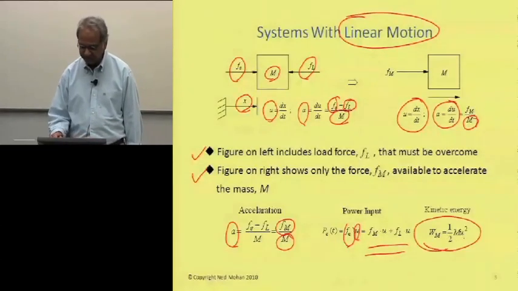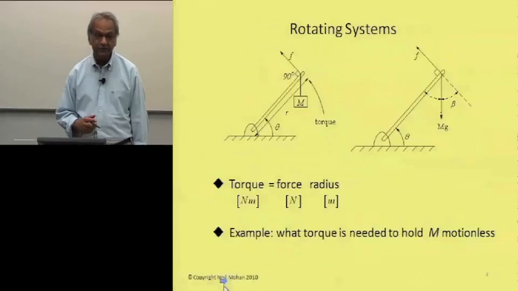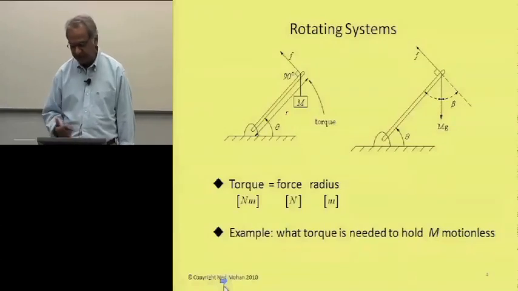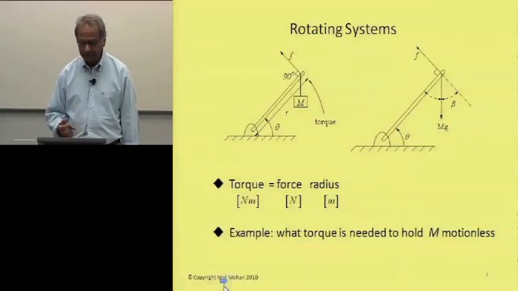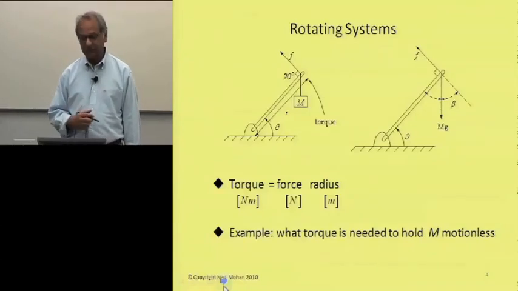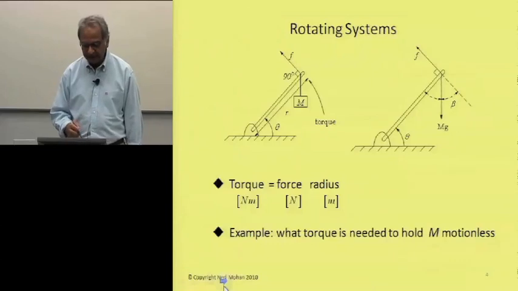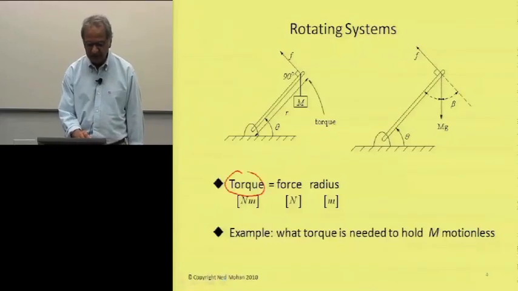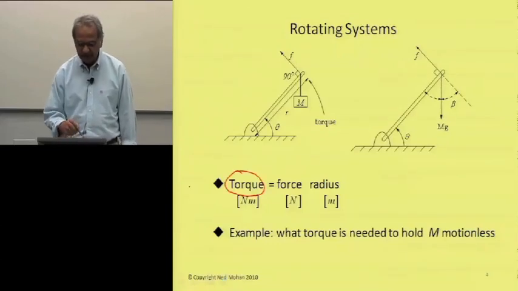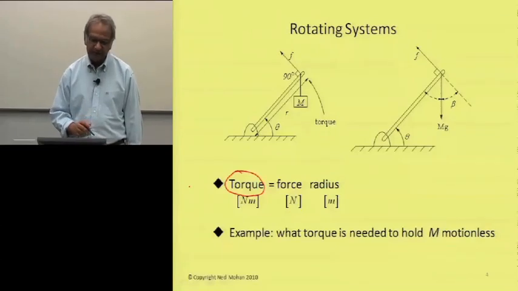Now we will move on to rotating systems, which are more interesting to us because more often than not, we are dealing with rotating systems. Here we will define a term called torque, and this is force times radius if these two are perpendicular to each other.